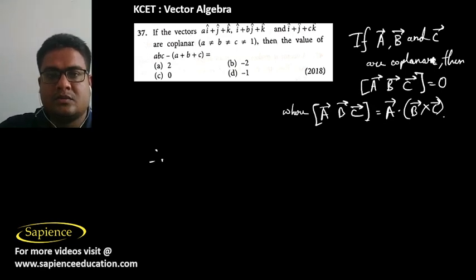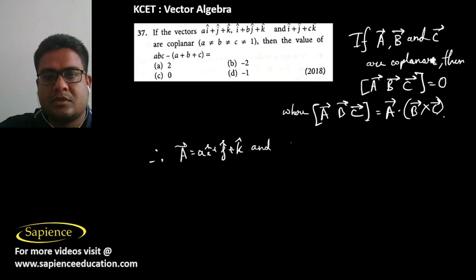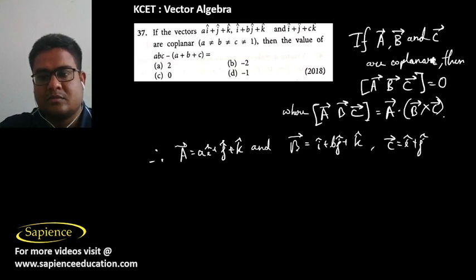Now here vector A is a i cap plus j cap plus k cap, B vector is i cap plus b j cap plus k cap, and C vector is i cap plus j cap plus c k cap.